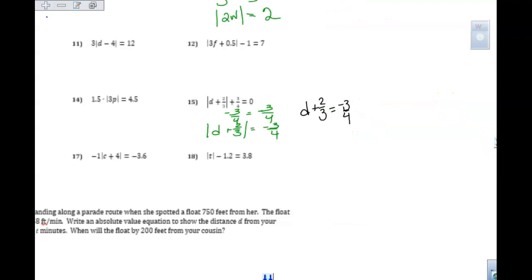And the other possibility is that d plus 2/3 without the absolute value is going to equal 3/4. Everyone agree? Anyone having a problem with what I'm doing up here? Everyone feels pretty good.